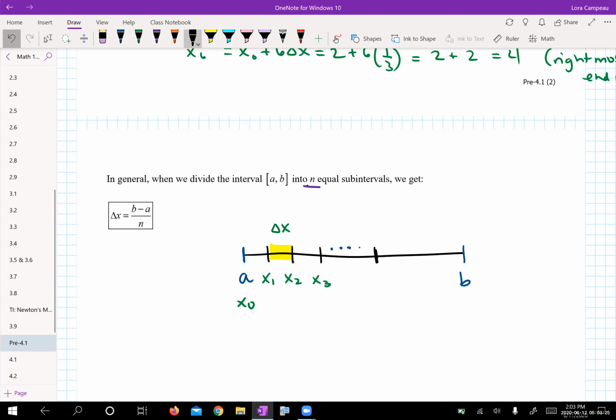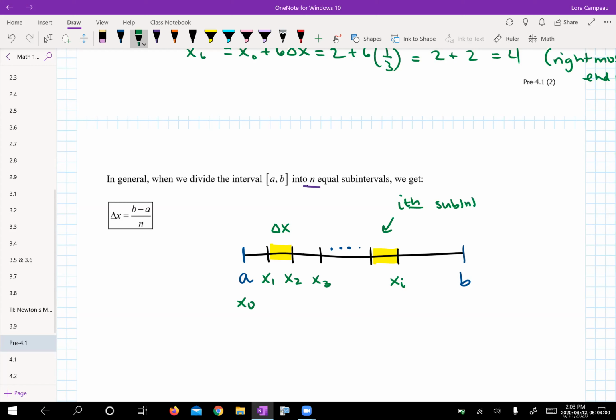We're not sure what this means, but I do know I have to make it the length of delta x. So maybe from here to here, still delta x. And any given point in the subinterval, they call it x sub i. And you're like, oh, that's where the i's are coming from with that summation notation. So if we're looking at this generic subinterval, we call this the ith subinterval.